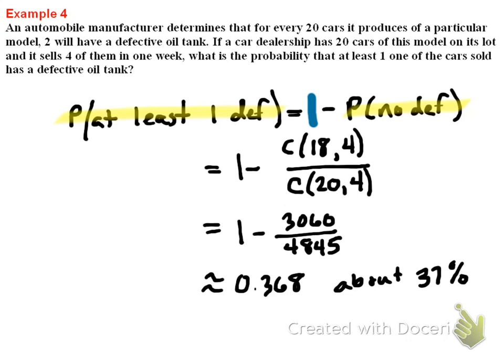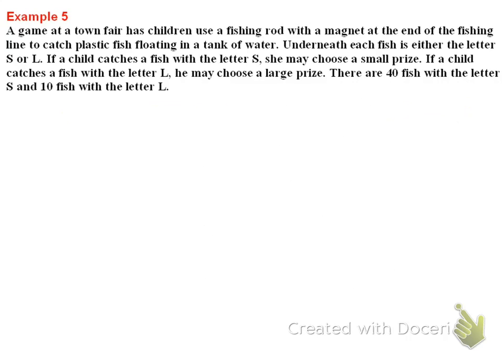Okay, so for one more example, we're going to do a simple probability problem and then switch it over to look at odds as opposed to probability. For this one, a game at a town fair has children using a fishing rod with a magnet at the end of the fishing line. I remember playing those as a kid.